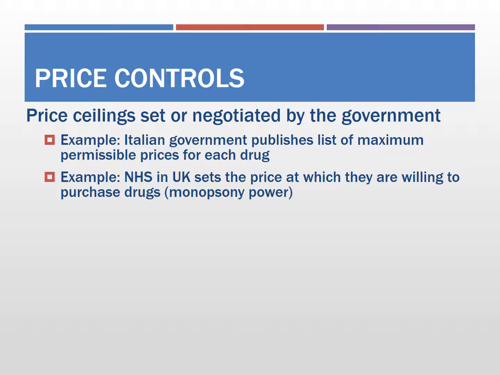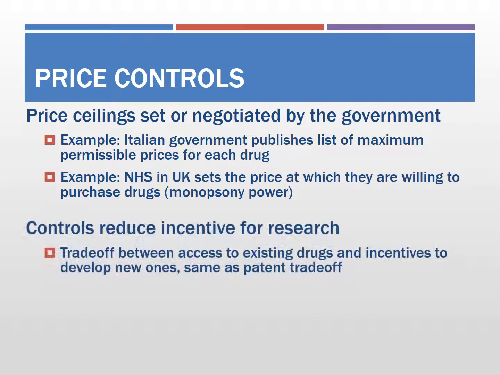So a price ceiling is a possible action taken by the government to control the inflated or monopoly price in the markets, in order to lower the cost for patients. However, this regulation or price control becomes a very important factor that reduces the incentive for innovation and research.